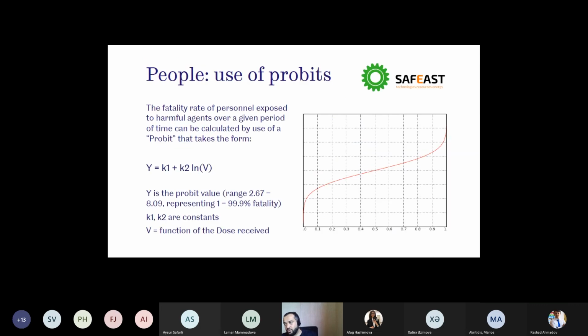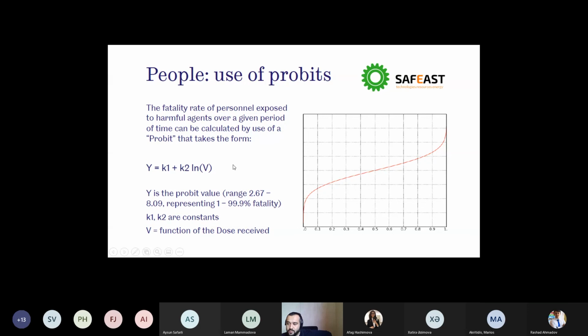So for example, this is a use of probit for people. It's a probit value with two constants and a logarithmic function of the dose. So basically this value will result in a range from 2 to 8, which is equivalent to 1 to 99% fatality.